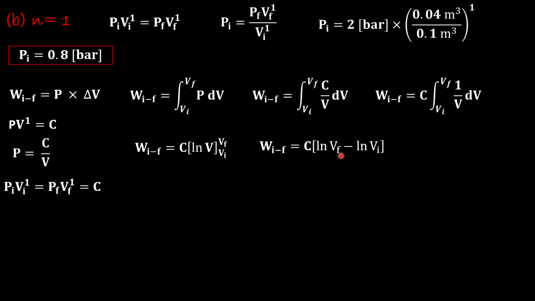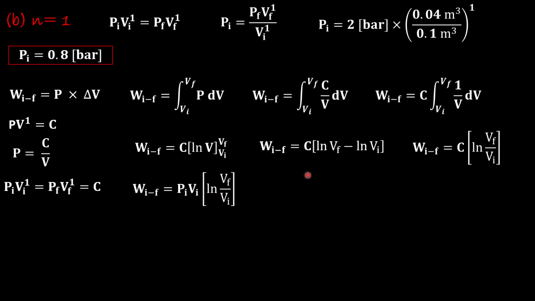It will be ln V final minus ln V initial, and by knowing logarithmic rules, we can rewrite this as C times ln of V final over V initial. And so here we have a constant. A constant can be either of these two. So here I wrote the pressure initial, volume initial, ln V final over V initial.